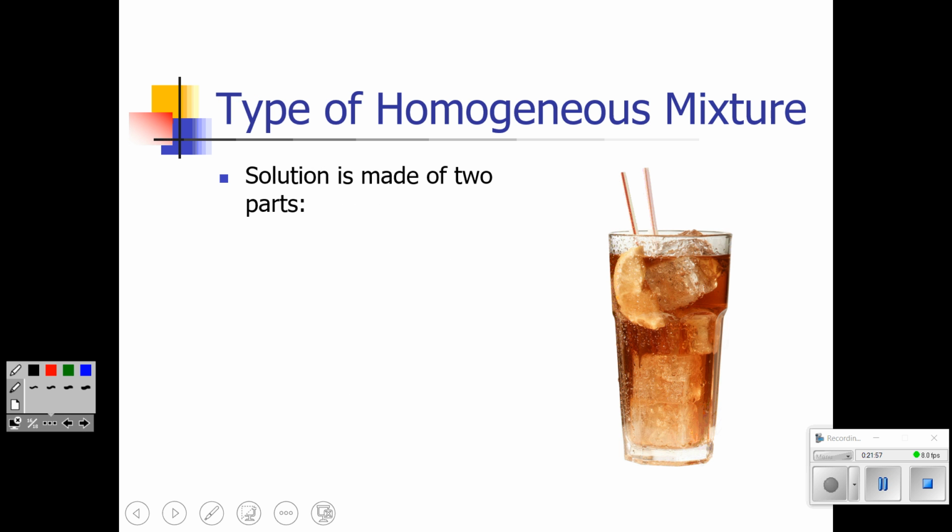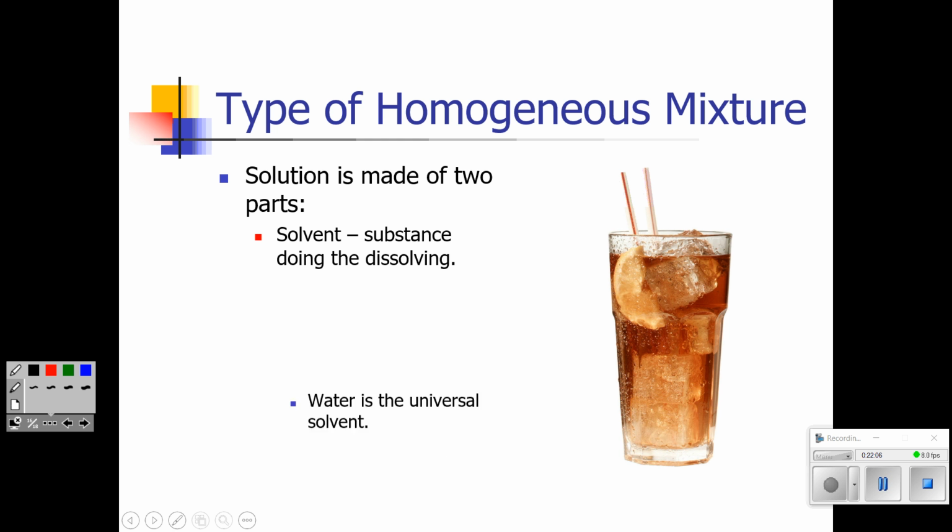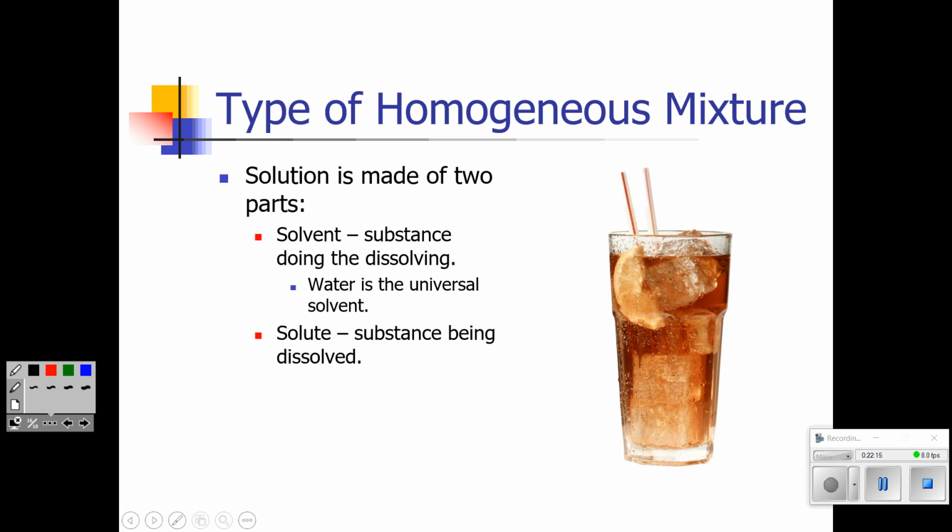A solution is made of two parts. First of all, you have the solvent, which is the substance that's doing the dissolving. Water is typically the universal solvent, which means it dissolves most substances. You have the solute, which is the substance being dissolved, like powdered drink mixes. If you look at the picture over here, this is tea, and the water inside the tea is going to be your solvent.